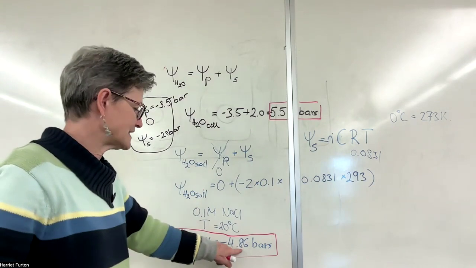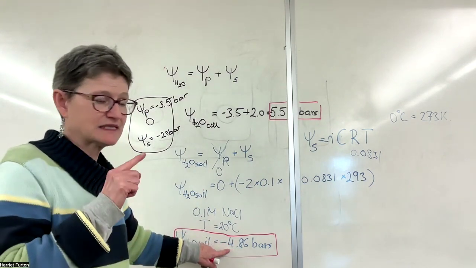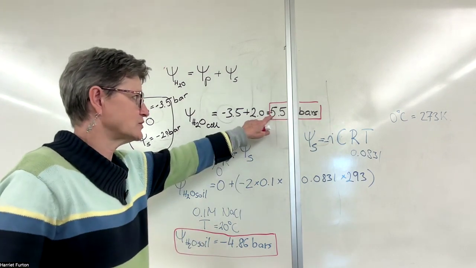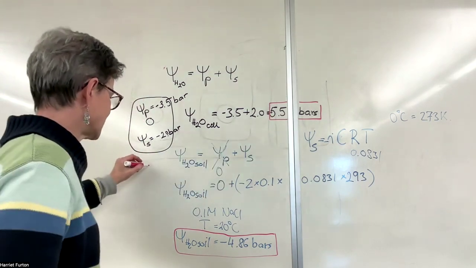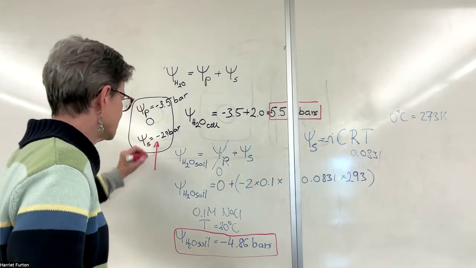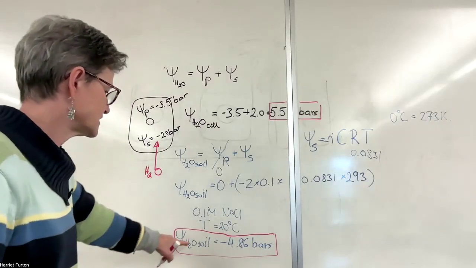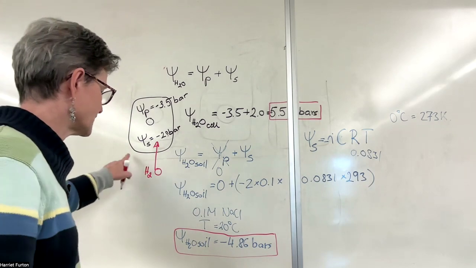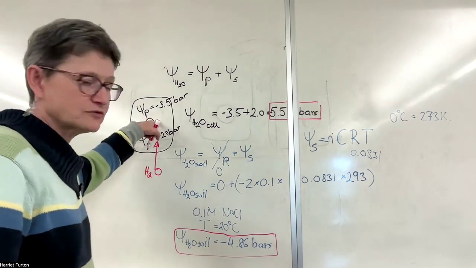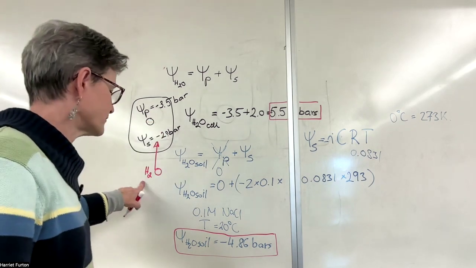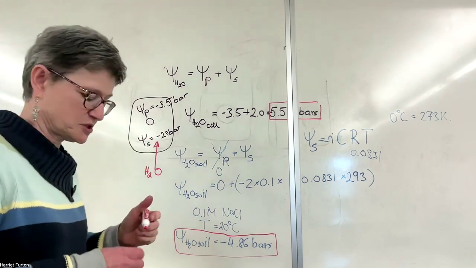Minus 4.86 bars is a higher number because it's negative compared to minus 5.5 bars. So in this case, the water moves into the cell because the soil is hypotonic compared to the cell, as well as water moves from high water potential to low water potential.